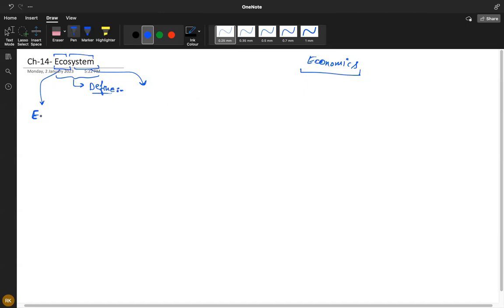The root word eco comes from interaction or relationship. Economics also is interaction. But what is interacting? Goods and services with humans. So economics cannot be stable.